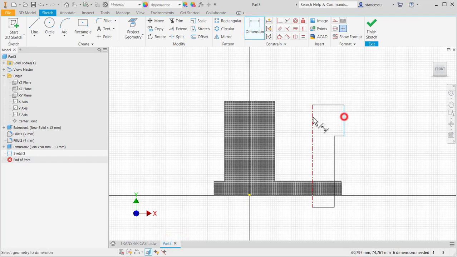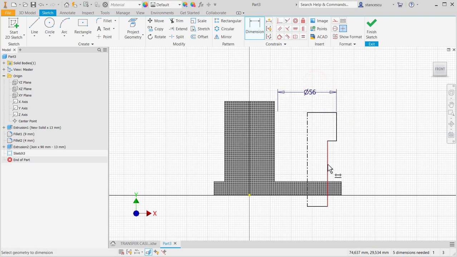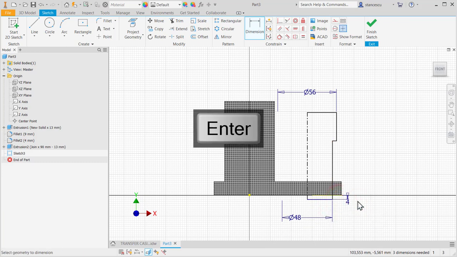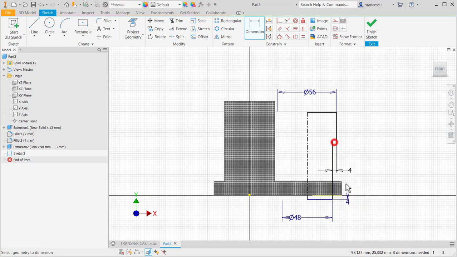Okay, 56, 48, 4, 45 from the bottom, and the total height of 79.